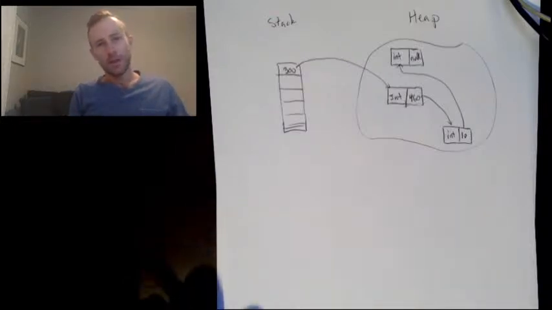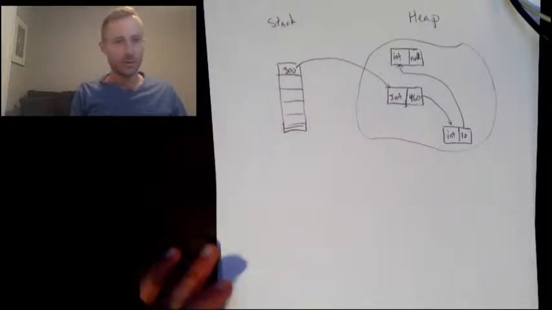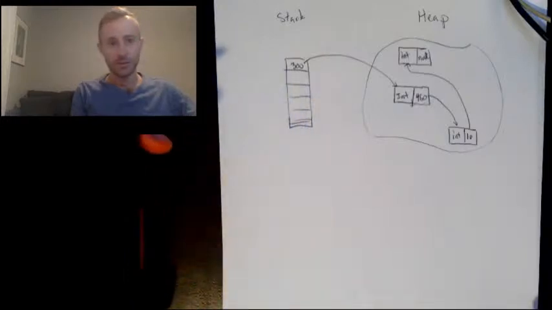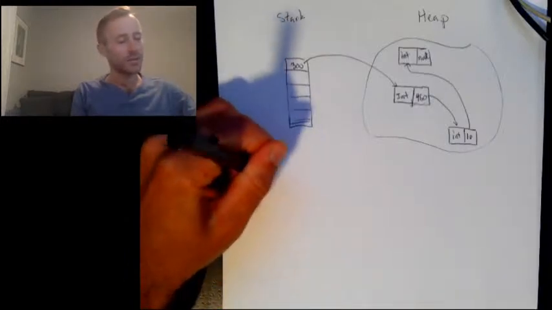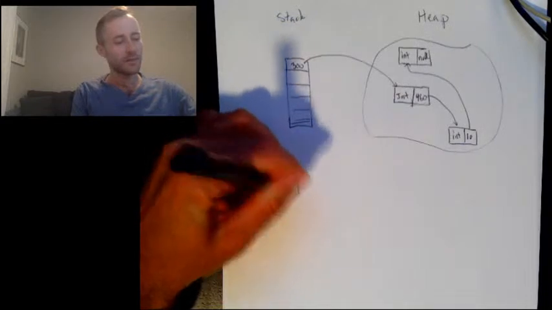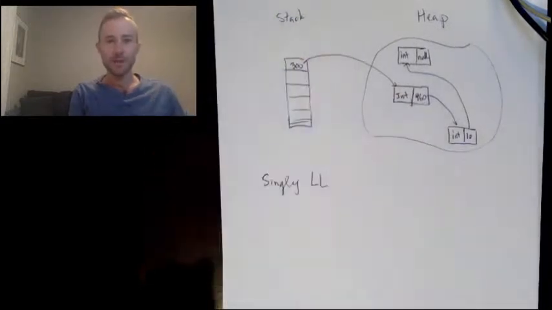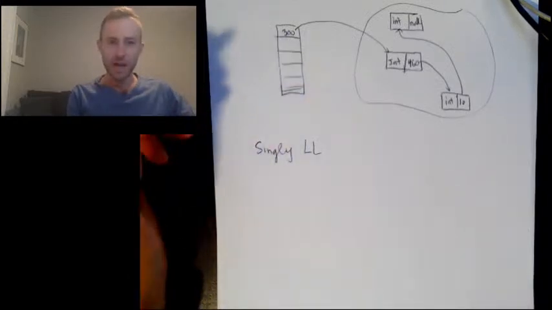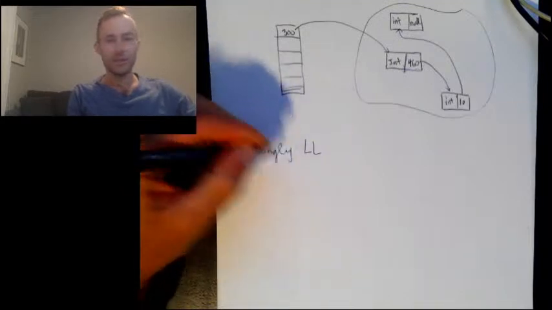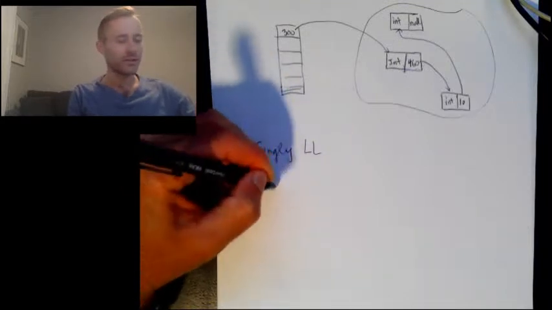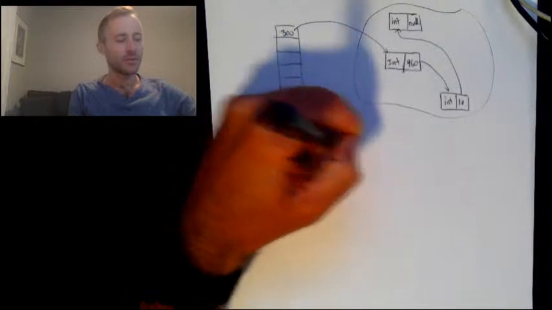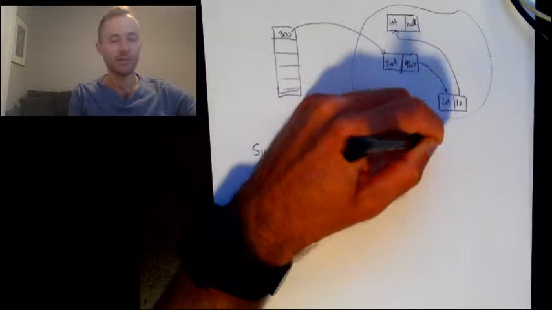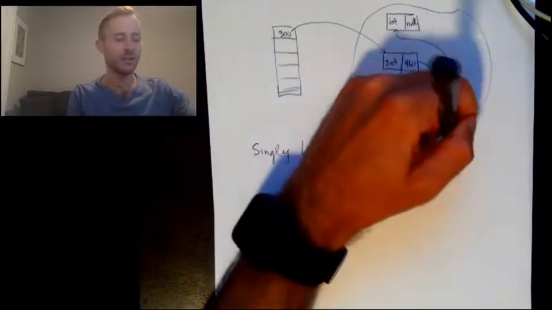So let me talk about how you could implement a linked list. There are a couple of types of linked lists. You have what's called a singly linked list. And in your linked list class, what you store is the head of the linked list, which is basically the 0th element.